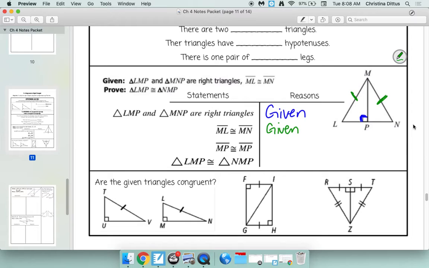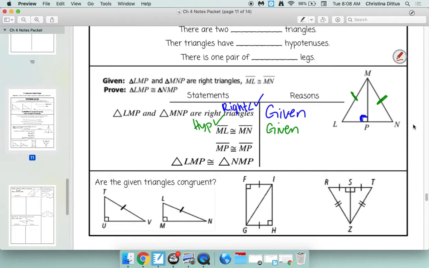Okay. Alright, those little green marks, ML and MN, are they a hypotenuse or a leg? It's the hypotenuse. It's across from my right angle. So these are my hypotenuses. So that part's done. I also have the right angle. That's done. How do I know that MP is congruent to MP?